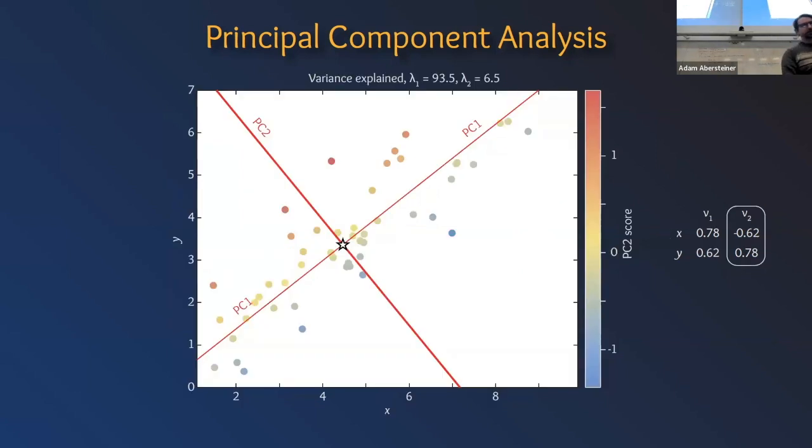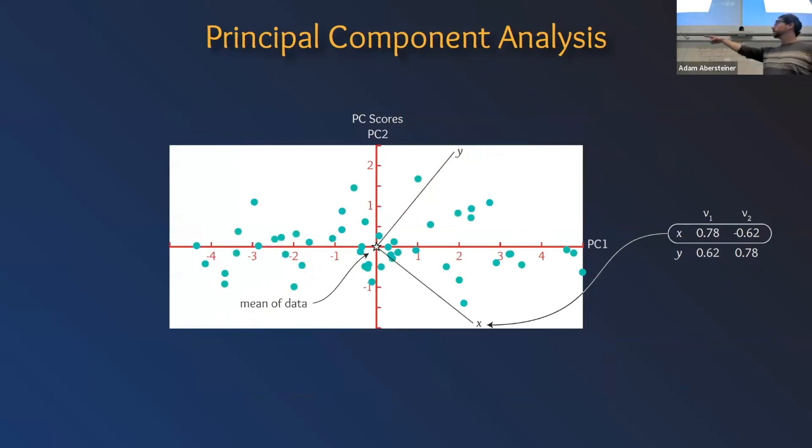So all we've done is we've taken this data here and we've rotated it so that principal component 1 is along what would be the x-axis and principal component 2 is along what would be the y in our typical system. And our original x and y axes have now rotated into some other orientation. So whenever you do a principal component analysis, you're not actually doing anything special to the data other than rotating it into a way that's favorable to look at.